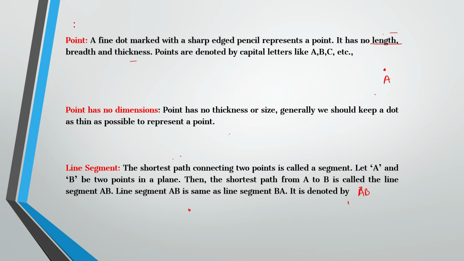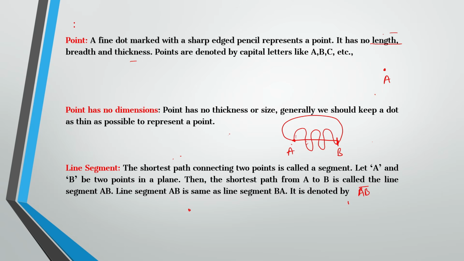Let us take two points, point A and point B. Then there are many ways to reach from A to B. I can reach from A to B in this manner, or else I can go from here. Likewise, we have many ways to reach from A to B. But the shortest path between A and B is called the line segment AB.